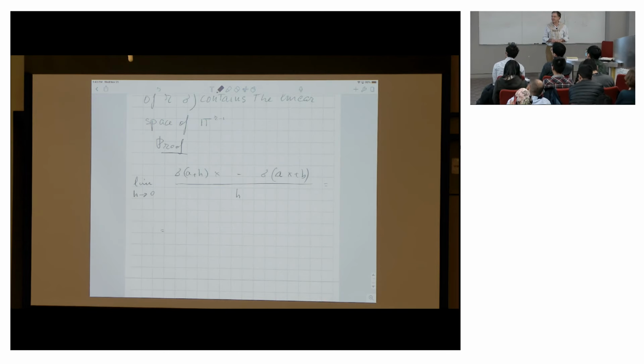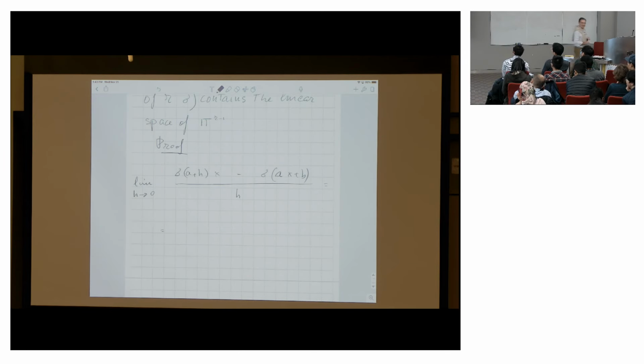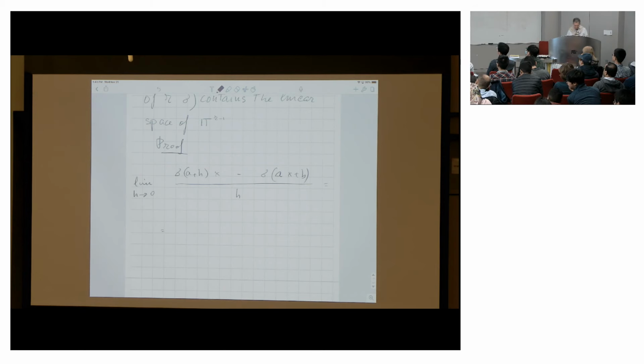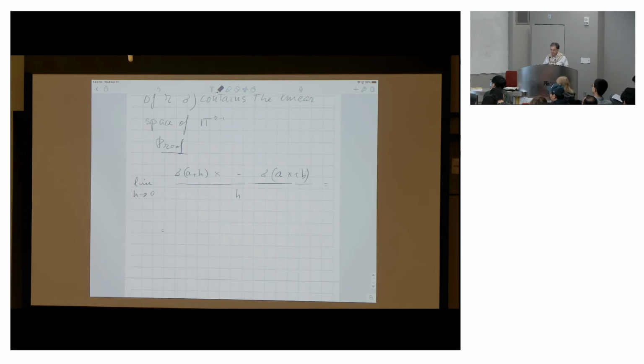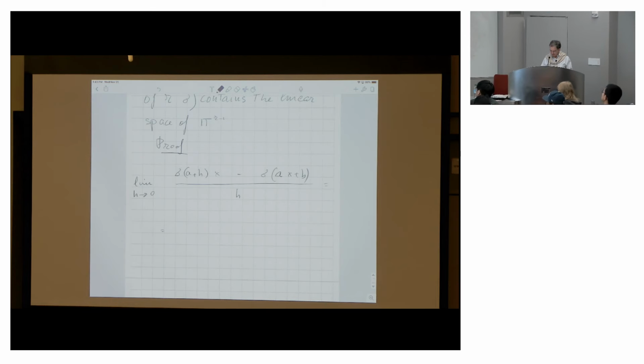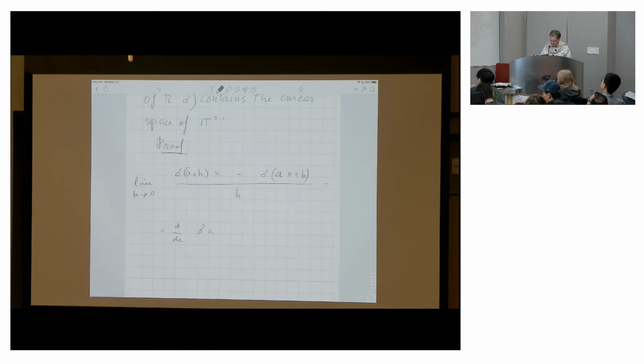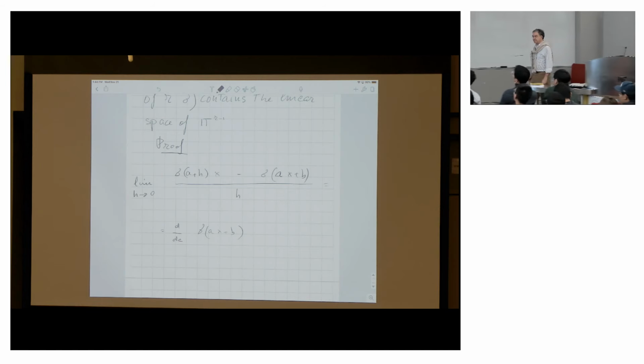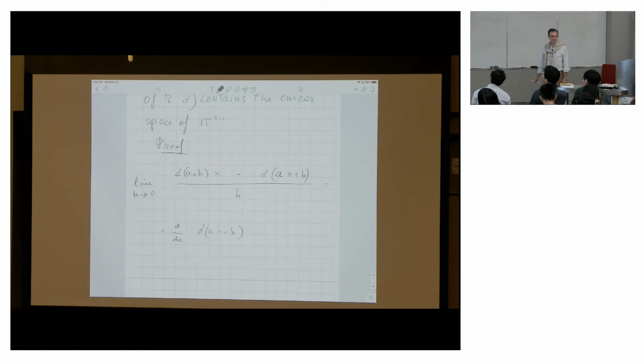Remember the definition of the derivative? This is the derivative with respect to a of sigma(ax + b). Right? Do you agree? Is a constant here? Sorry, I had one parenthesis missing here.